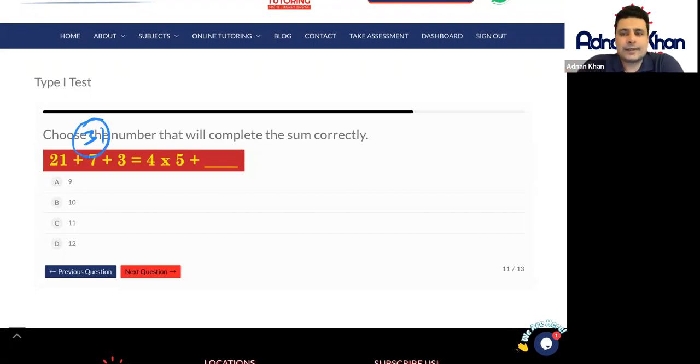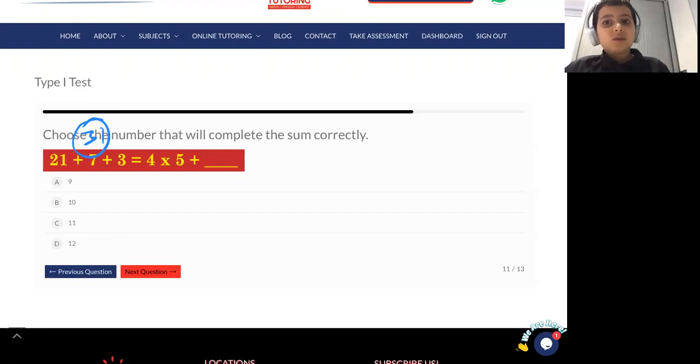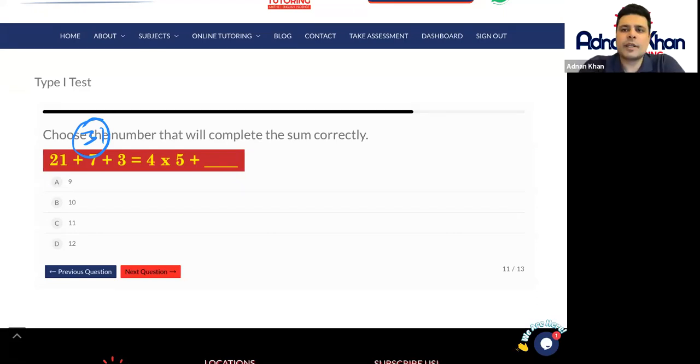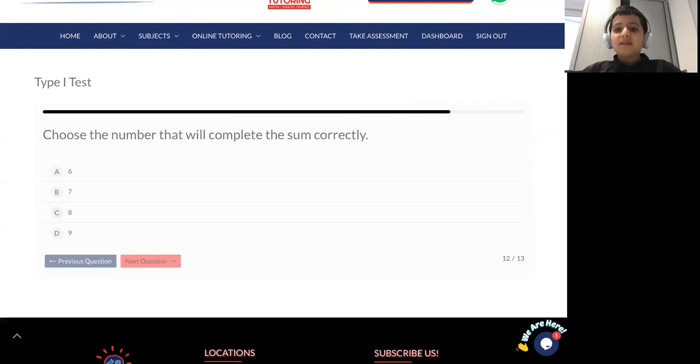Good. Carry on. And then 4 times 5 equals 20. But then we need to reach 31. So it'd have to be plus 11. 4 times 5 is 20. Plus 11 also gives us 31 on both sides. Well done. So in this case, our answer is 11. Thank you so much.